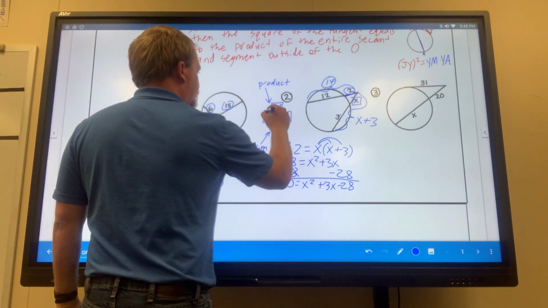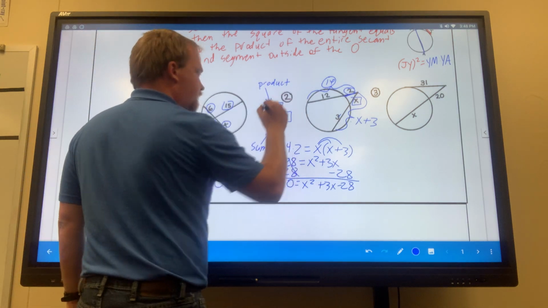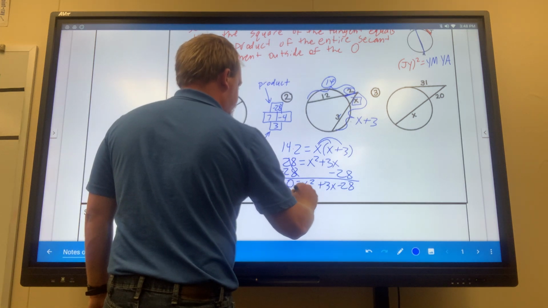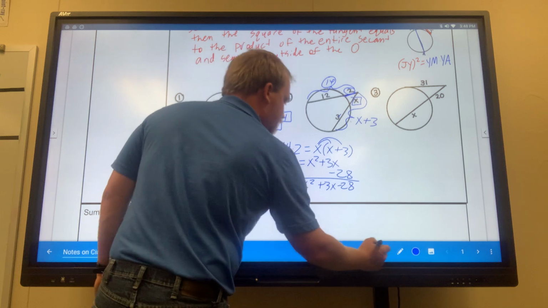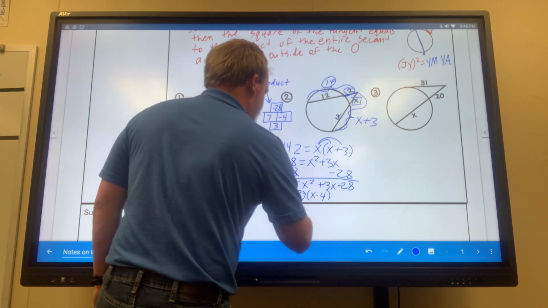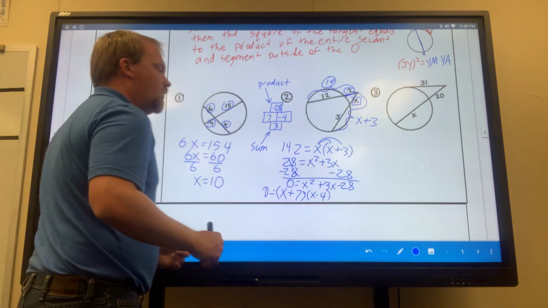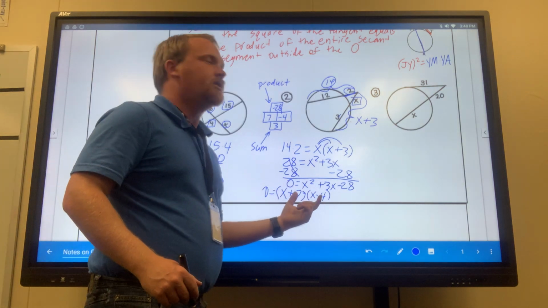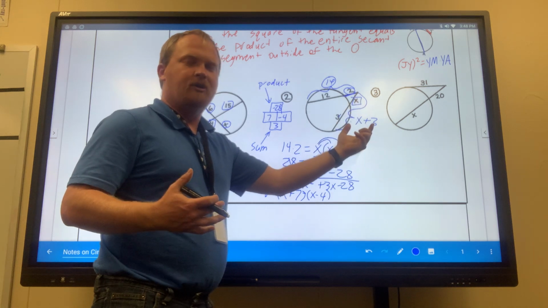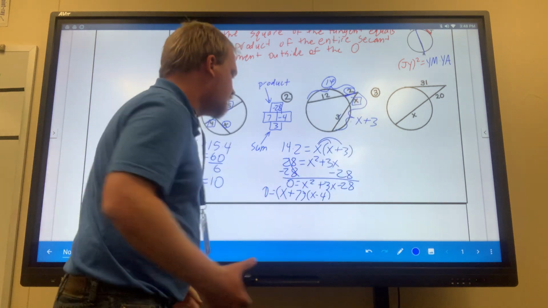Those happen to be 7 and negative 4. So I'm going to write it out as x plus 7 times x minus 4 equals 0. Now, one of them has to go because I can't have a negative distance.